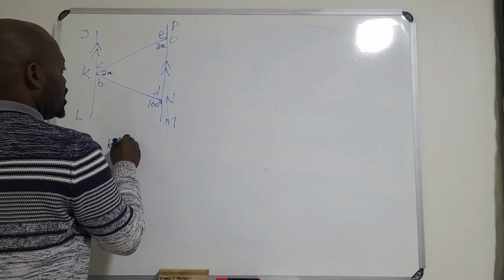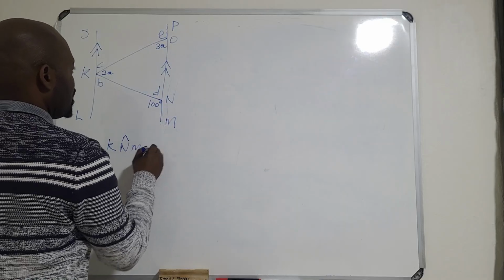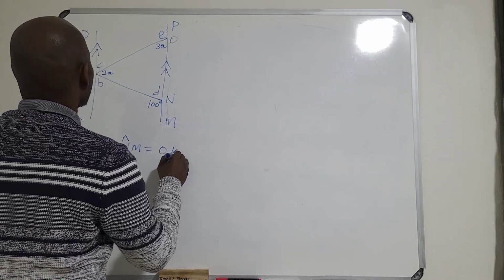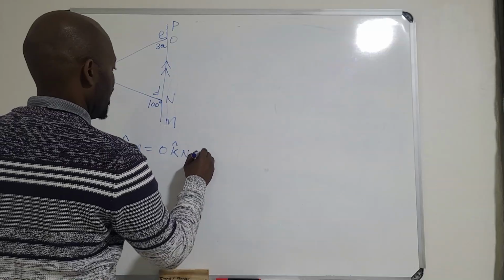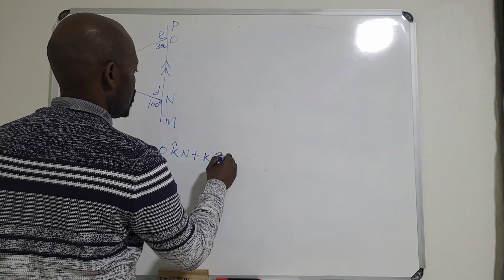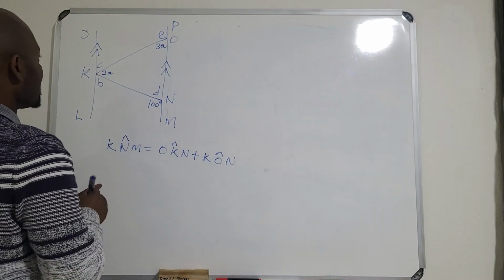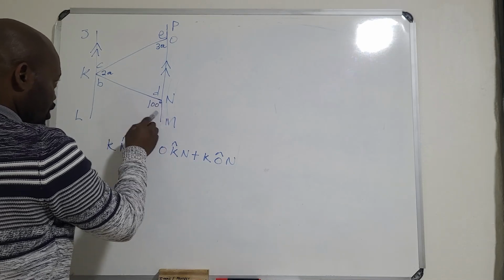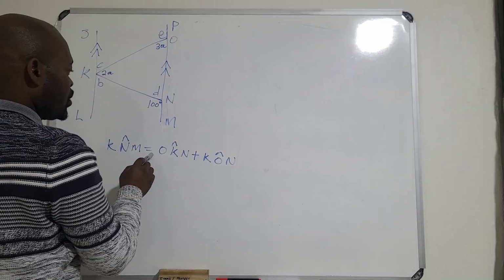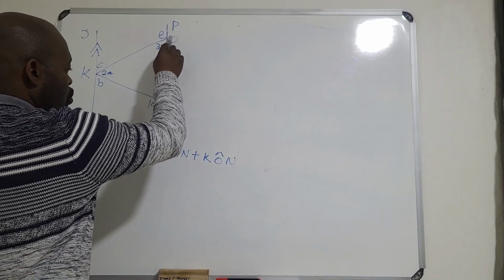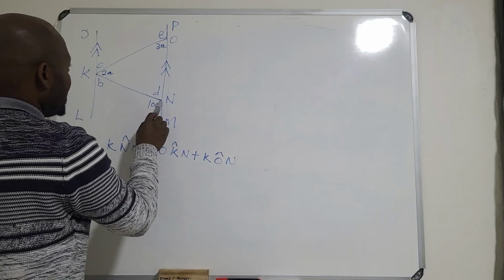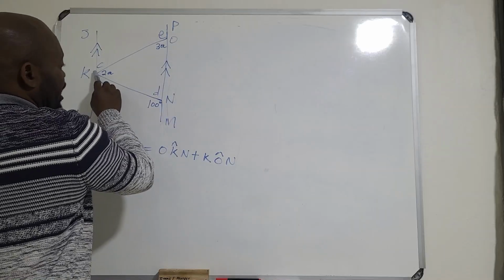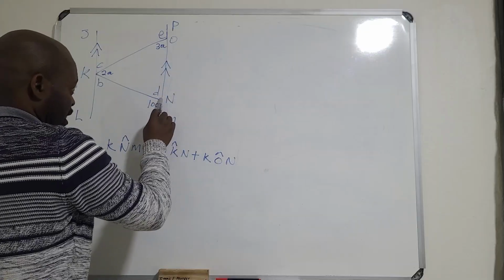Angle KNM is equal to angle OKN plus angle KON. This means that angle KNM, which is this angle, is equal to angle OKN, this angle, plus this angle, which is angle KON.